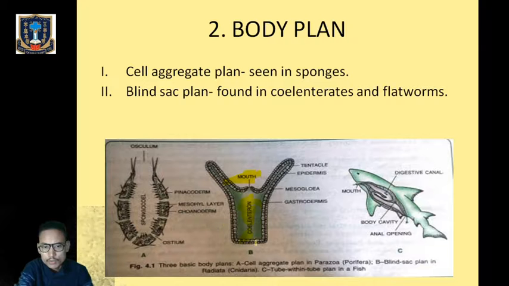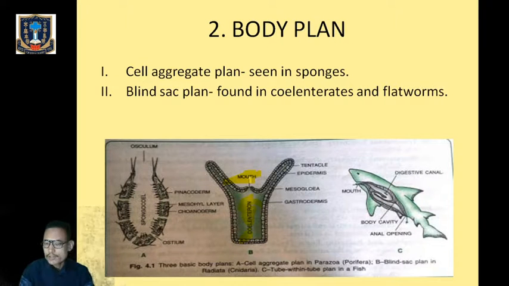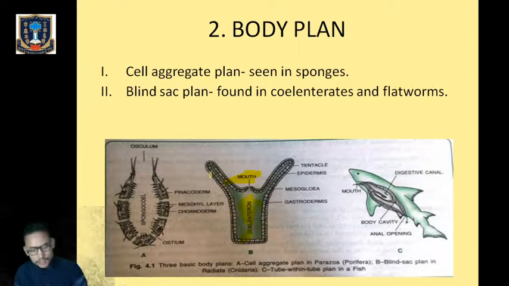There is no other opening. There's only a single opening. So this central cavity acts as the digestive tract, and it opens to the outside through a single aperture, that is the mouth. Clear? So this single opening functions both as the mouth and as the anus. In these animals, the cells exhibit division of labor.